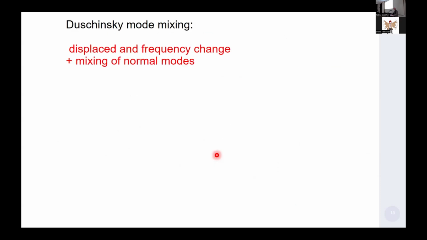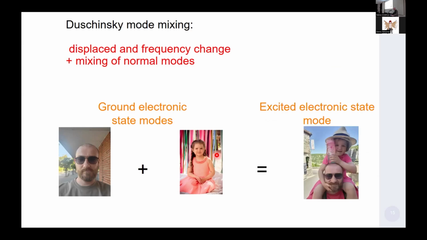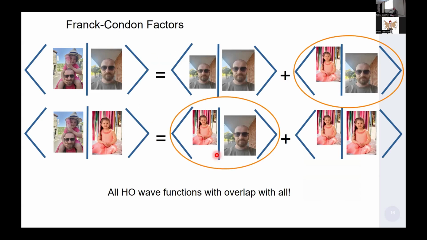What makes it hard is the Dushinsky mixing. If not only the frequency changes and displacement happens, but also the normal modes are different, then you need to consider this. So if we plot myself and my daughter as modes in the ground state, then the excited electronic state can be something like this. And then to compute this overlap in the ground and excited state, you need to compute already two more than in the parallel approximation.